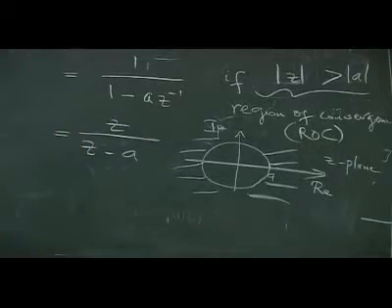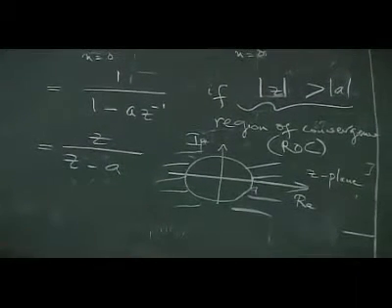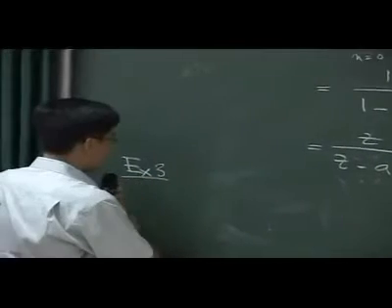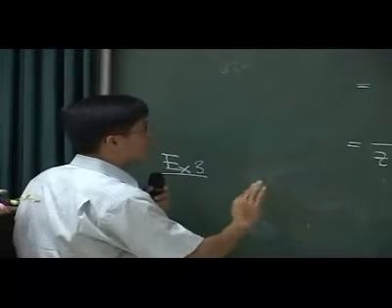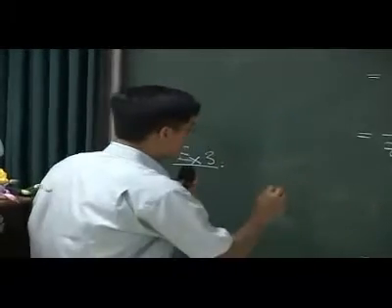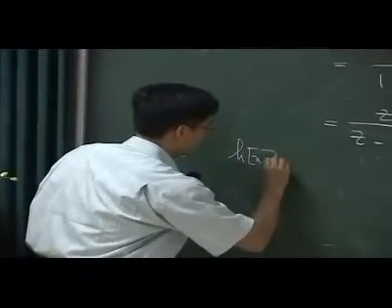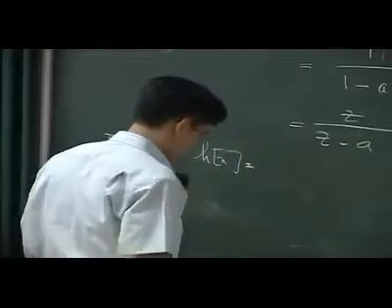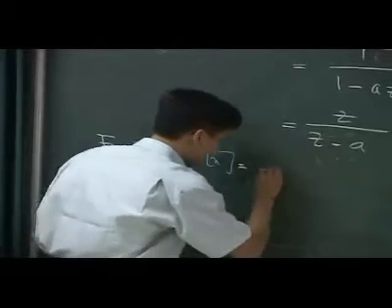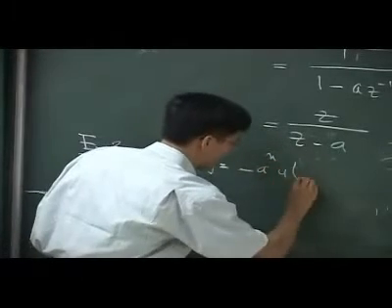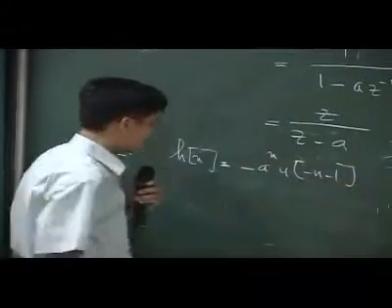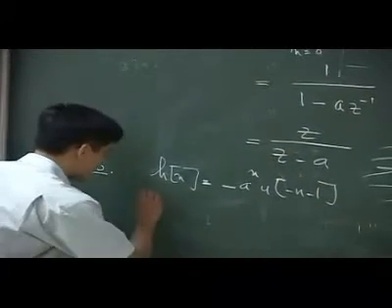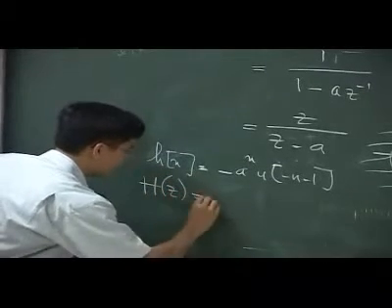Okay. And I left here this exercise. For those who haven't done the Z transform before, I recommend you to try this. Now I consider another system, h(n), but now I take it equal to minus a to the power of n times u(-n-1). I recommend you to look at this system as homework and to verify that it also has the same Z transform.